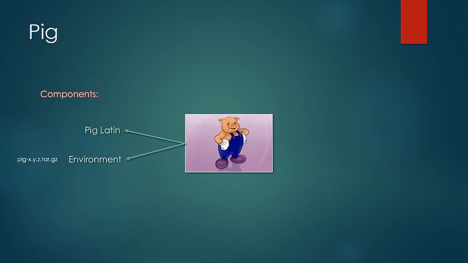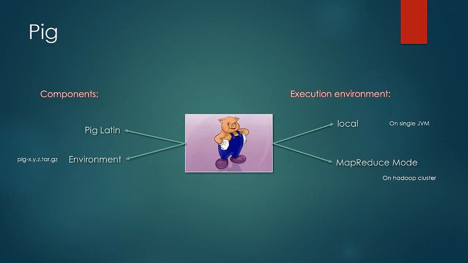The environment can have two types of setup: first, the local mode of execution, and second, MapReduce mode. In local mode, Pig runs on a single JVM, whereas in MapReduce mode, it translates the Pig program to MapReduce programs, connects to Hadoop and runs it on the Hadoop cluster.